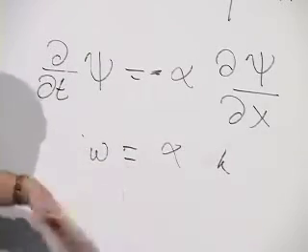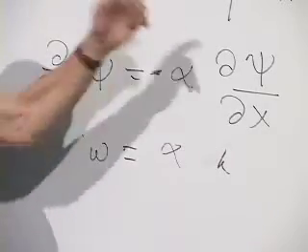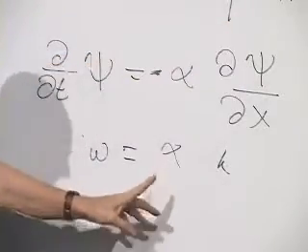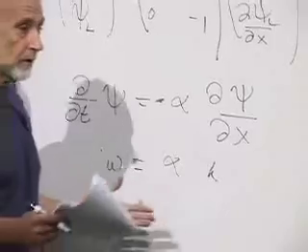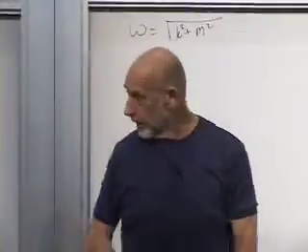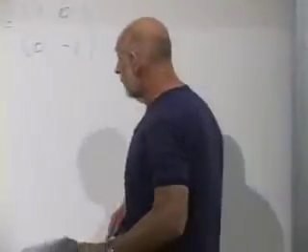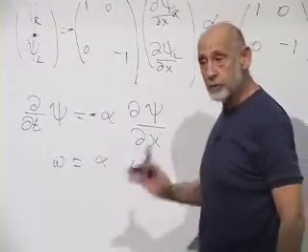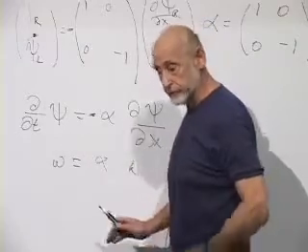That's what this alpha is. It's just an instruction: for the upper components it's 1, for the lower components it's -1. So that's a brief shorthand for these two equations: omega is equal to k for right movers, omega is equal to -k for left movers.